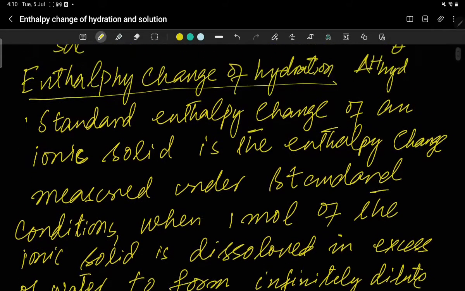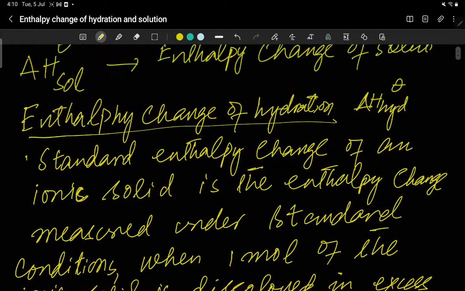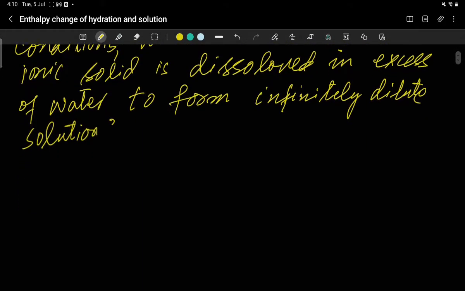This is the definition of the enthalpy change of hydration under standard conditions in their standard states.